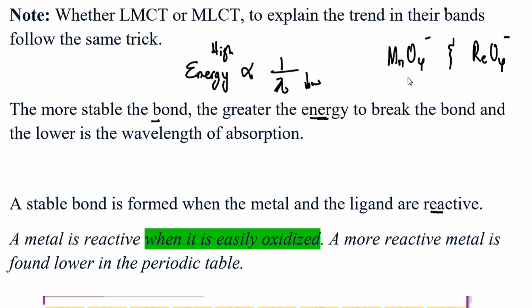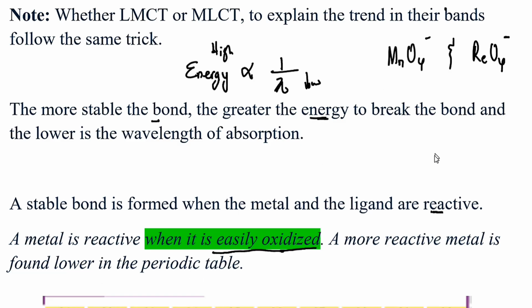If we have a very reactive metal and ligand, then the bond is going to be strong. A metal is reactive when it is easily oxidized, right? You need to note this: a metal is reactive when it's easily oxidized. A reactive metal is found lower in the periodic table.